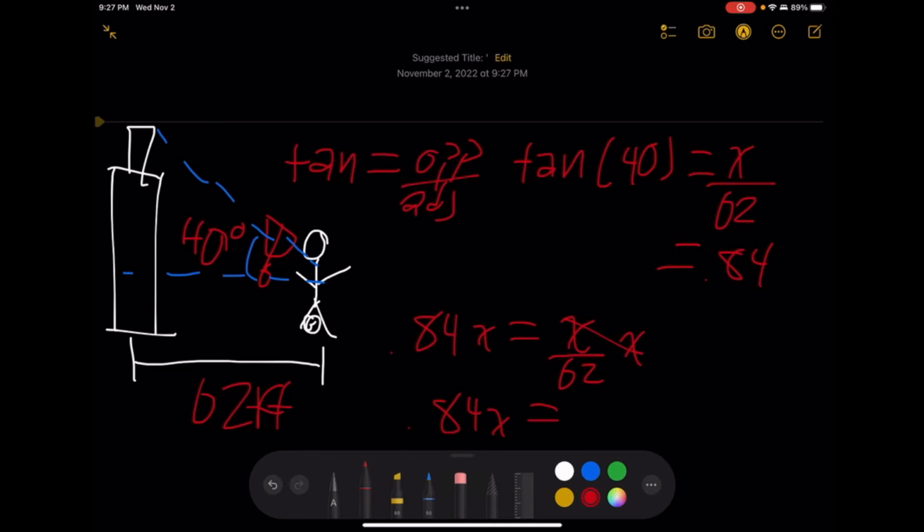0.84x equals 62. And now you would just, I'm going to move it over here. Now you would just divide by 0.84 on both sides.